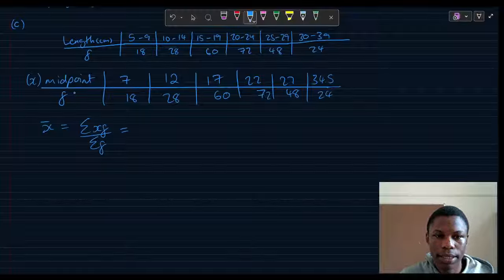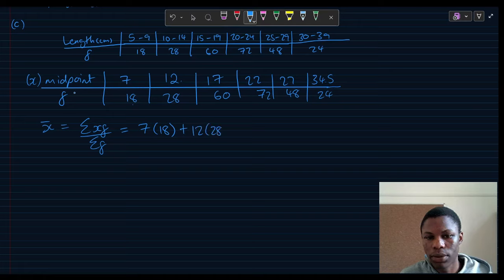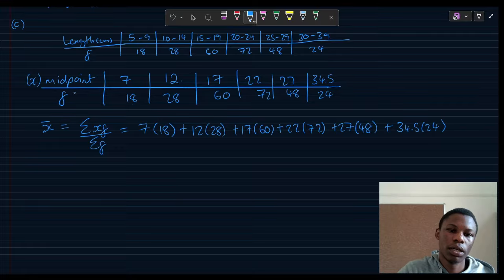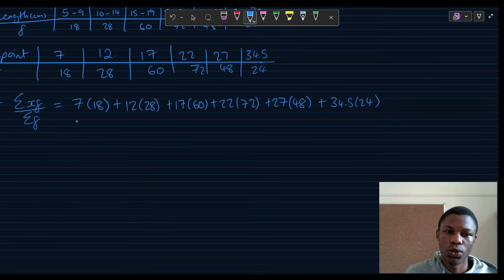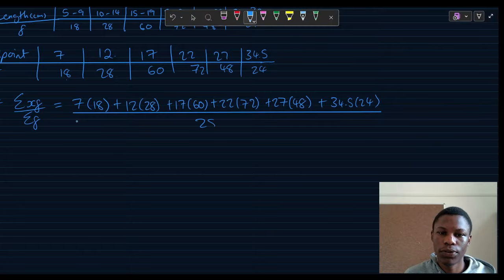So to calculate this, you take your x value, which is the 7, multiplied by its frequency, and do the same: 12 by 28 plus 17 by 60 plus 22 by 72 plus 27 by 48 plus 34.5 by 24, and divide this by the total frequency, the total number of leaves, which is 250.